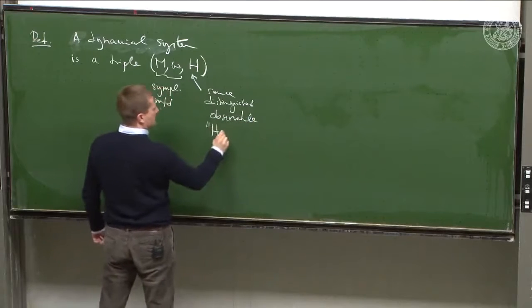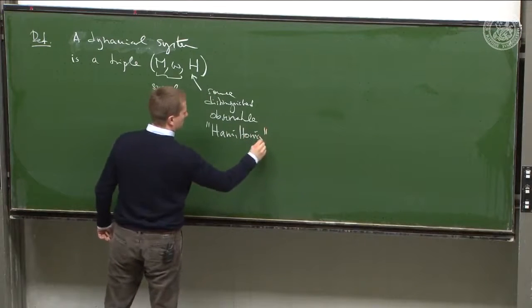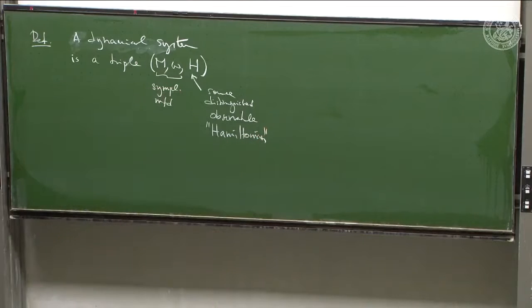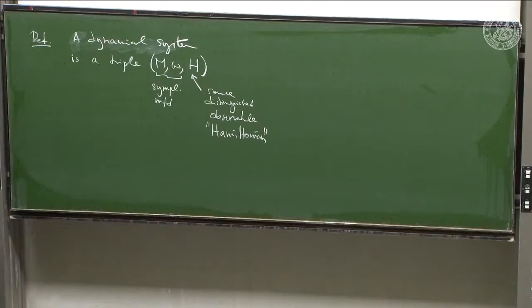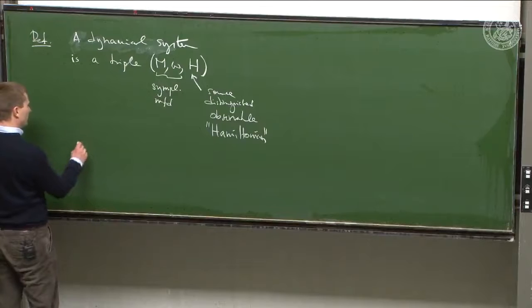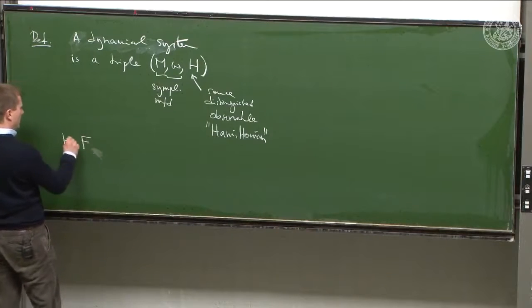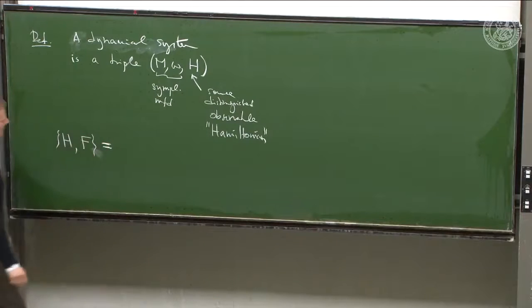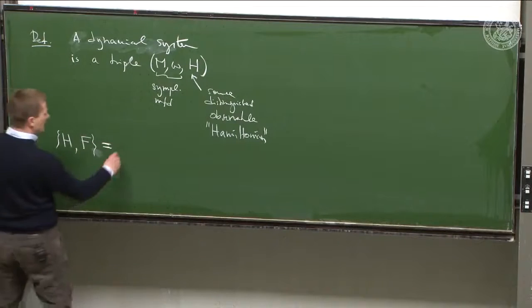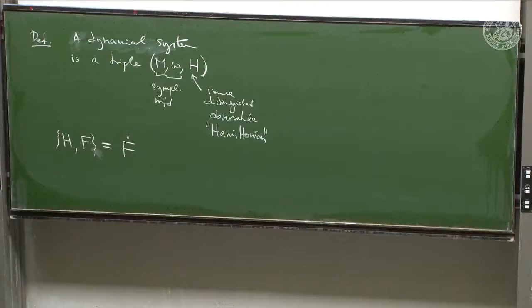That is then called the Hamiltonian. And if you have that, you can define the change of any other observable f, as the bracket of f with H. This then defines how the observable changes in time, so you can make the observables time dependent.